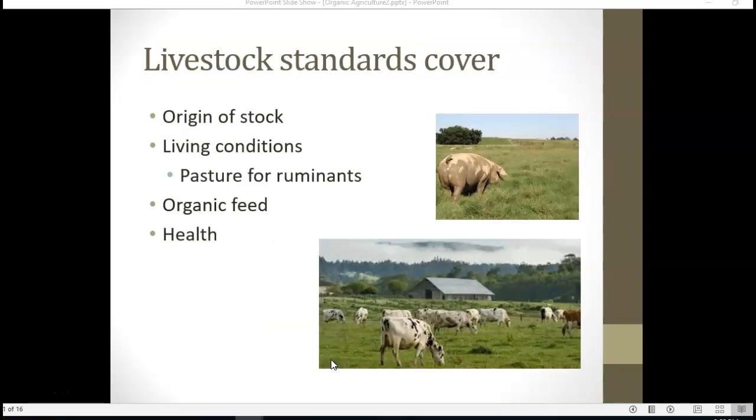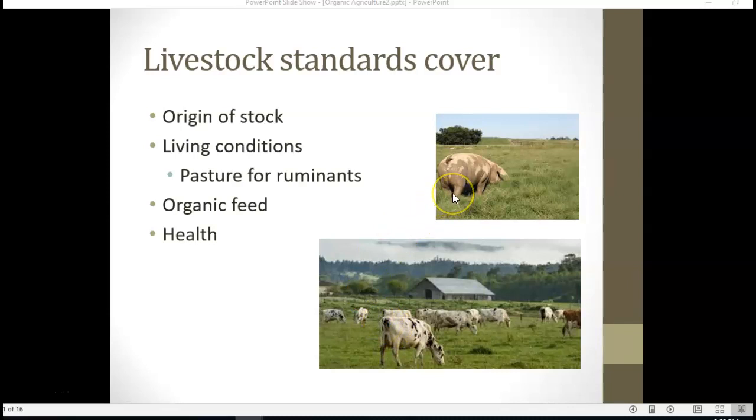The livestock standards, again, we don't really discuss them very much in this class, but they include where the stock come from, that they should be from organic stock. The living conditions include pasture. For ruminants, for example, dairies, you want to see a grass-fed dairy, that most of their nutrients are coming from pasture.